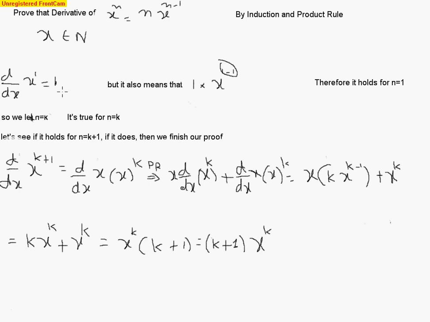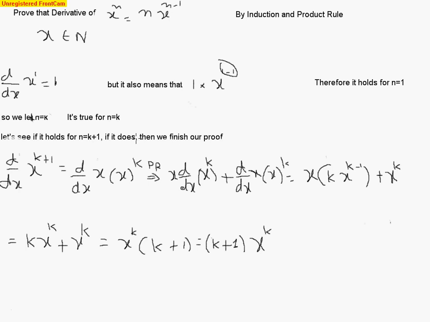So we're going to let n equal k, any number k. From this we know that it's true for n equal k. And now if we can show that it's true for n equal k plus 1, then we will finish our proof.